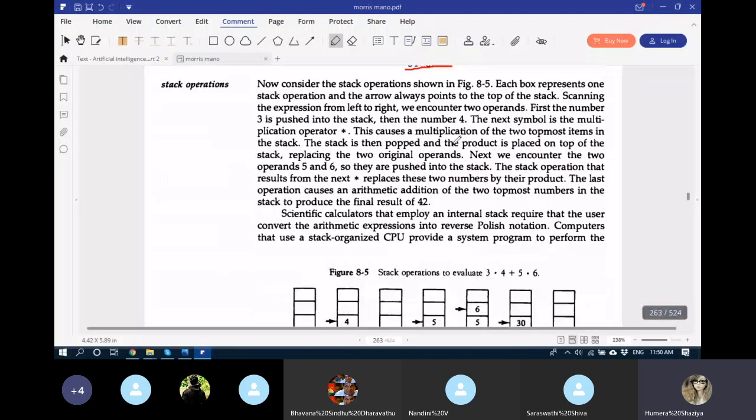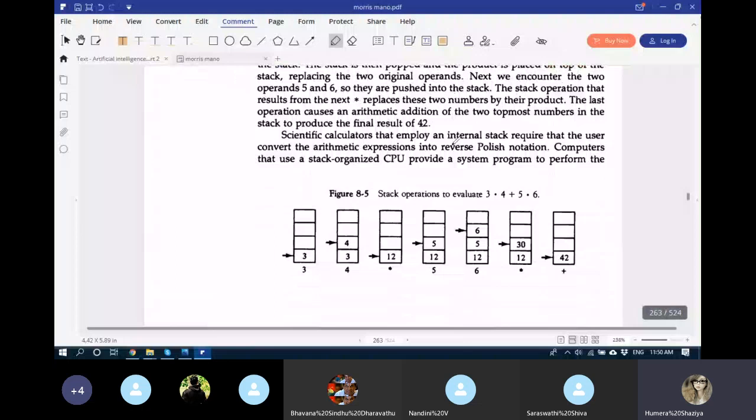Okay, so it is expressed in that. Now look at how a stack is used for that. First, initially stack is empty. When a stack is empty, a stack pointer will be pointing to the 0th location, and then you insert 3.